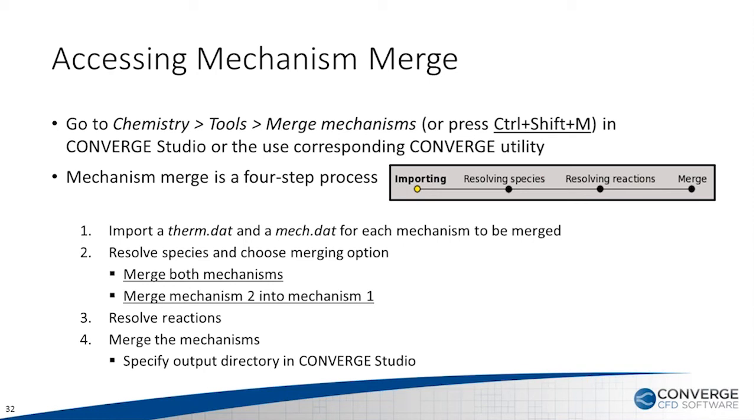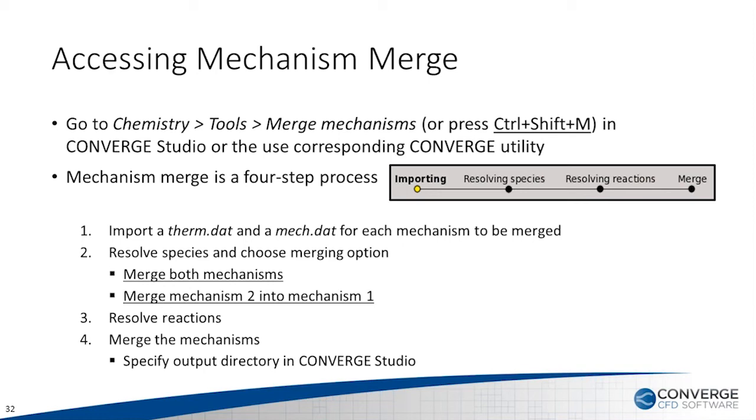The second way is using the Converge utility. Basically, you do everything through the command line. This is a more efficient way if you're really familiar with what you are doing, because it doesn't involve a lot of visualization. You can do everything through the command.